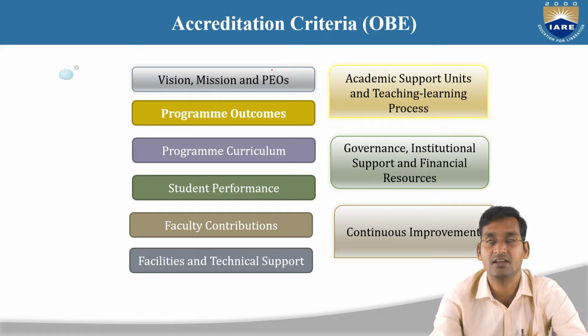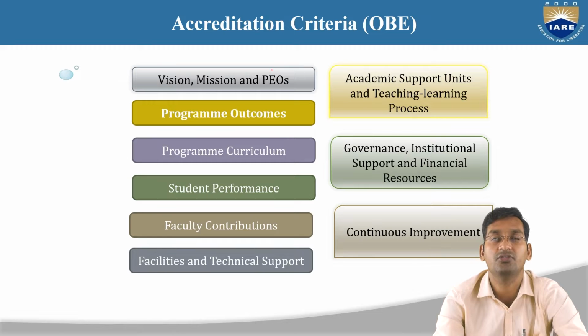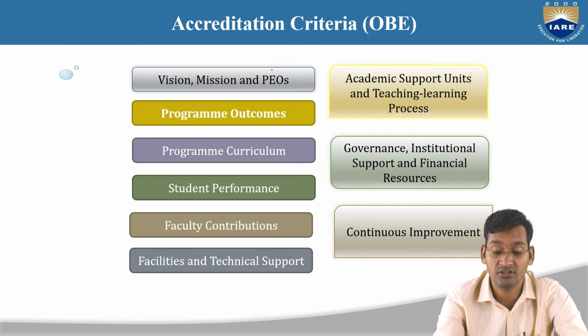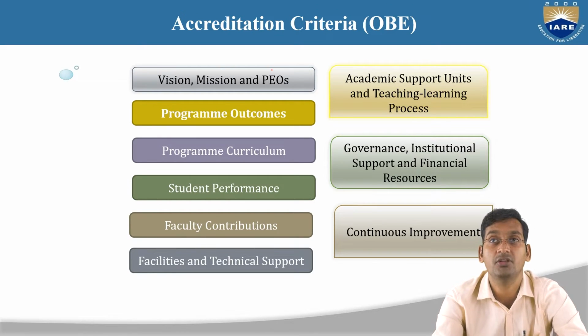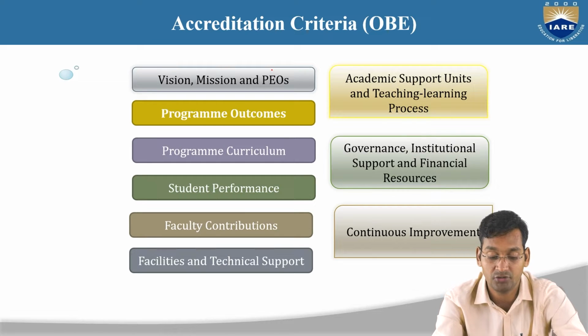Now, these are the accreditation criteria for OBE. First, vision, mission, and PEO, program educational objectives, right? These things should be there. Then the program outcomes, right? Then the program curriculum, how you are drafting it, and student performance, how the students are performing. Then faculty contribution, facilities and technical support, whatever can be provided.